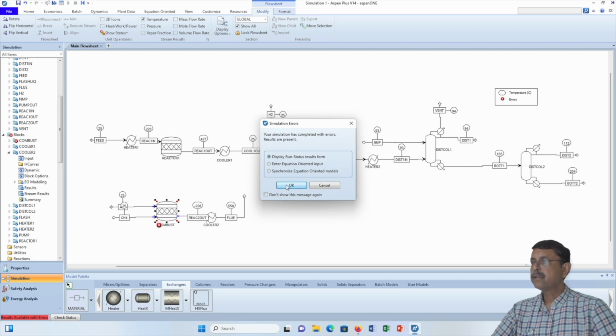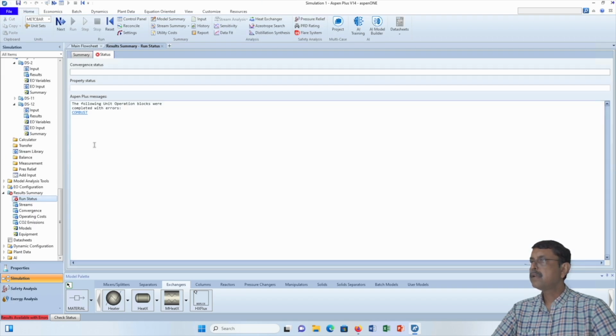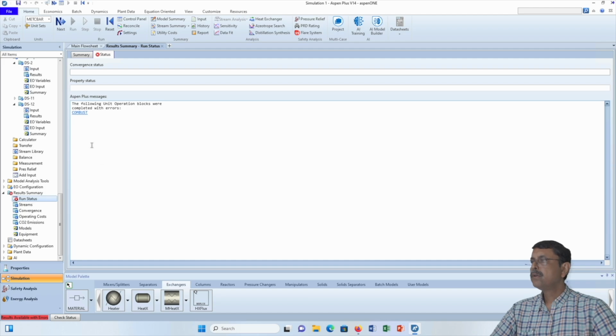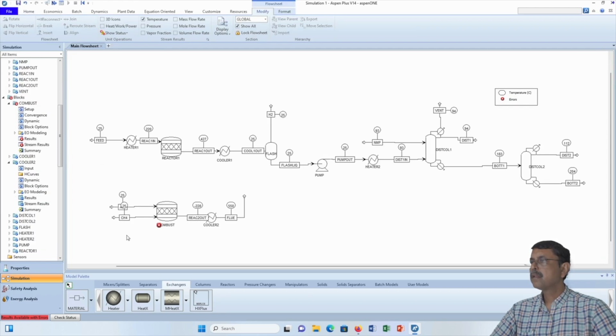Okay, so there are some errors. Let us see what the errors are. It says component O2 has 0 flow rate. So let us see what problem is there. Okay, I understand what it is. We have not given the required flow rate of air.